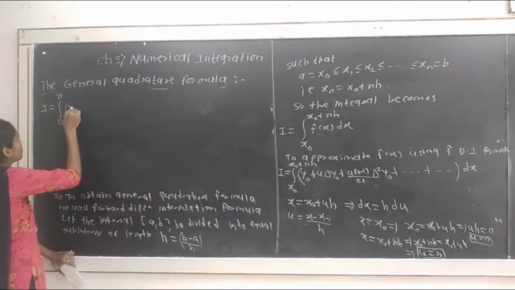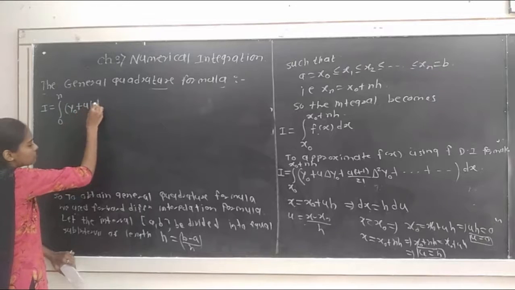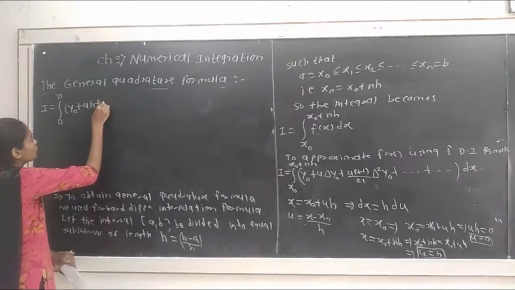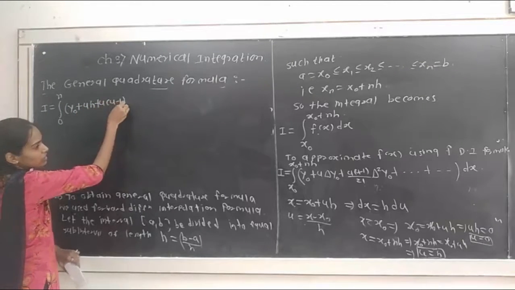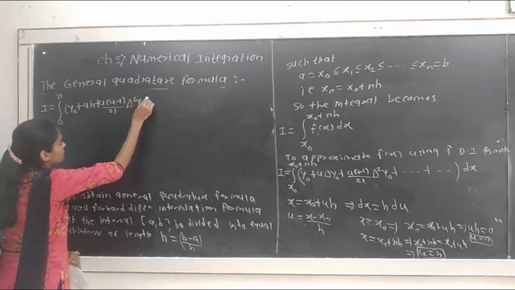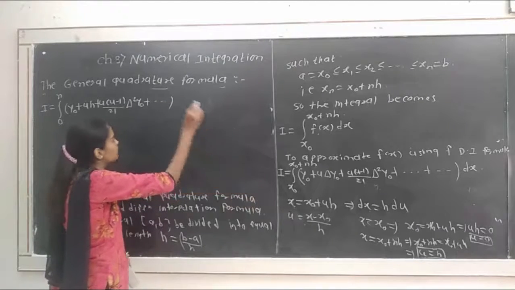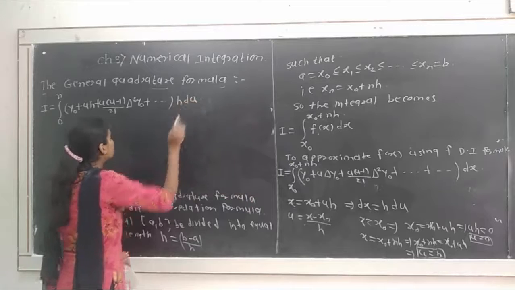Then we put the values. y0 will be as it is, then u into delta y0 plus u into u minus 1 divided by 2 factorial into delta square y0 plus, and so on, and instead of dx we write h into du.